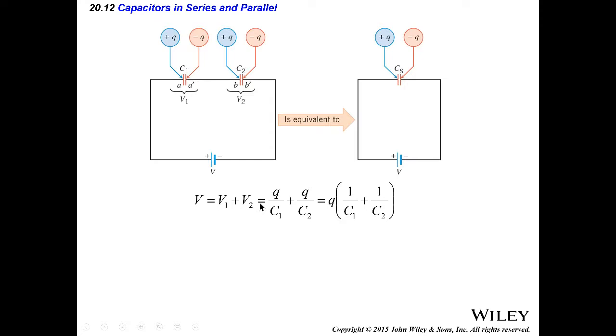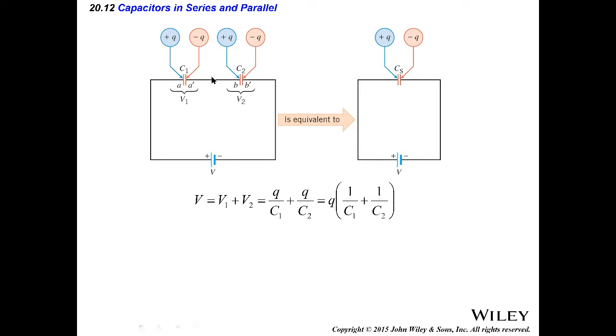But then I remember that the voltage for a capacitor is Q over its capacitance, and whatever is Q, it is the same Q. Because if you look at it, this side is plus, this side is minus, and now this side has to be the same charge, because if not, I have either a leak somewhere or I have another wire coming in.